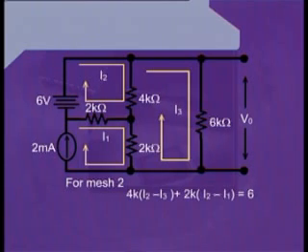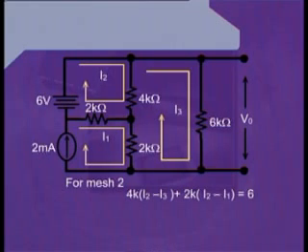Once again, I2 minus I3 has been written because I2 and I3, as shown in the circuit, are passing through the 4 kilo ohm resistance in opposite directions. Therefore, we must take the difference of the two currents because they will be cancelling out each other to some extent, and the difference of them will be actually passing through this resistance.